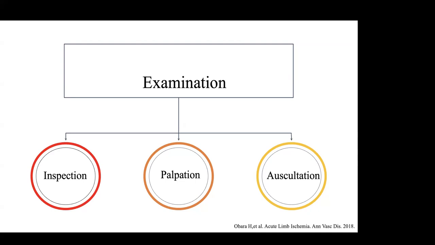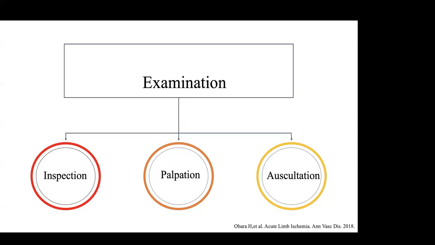Further, the second finding is palpation. So all of the arteries, that is the dorsalis pedis, posterior tibial, anterior tibial, popliteal, femoral, and even the aortic artery, depending on which limb is affected, we will be palpating all the arteries and looking for pulsations.